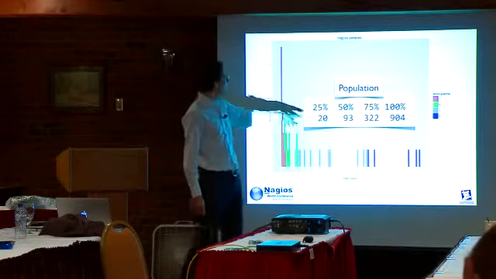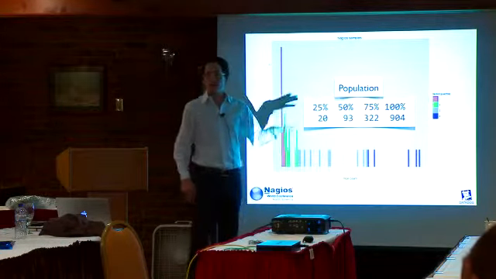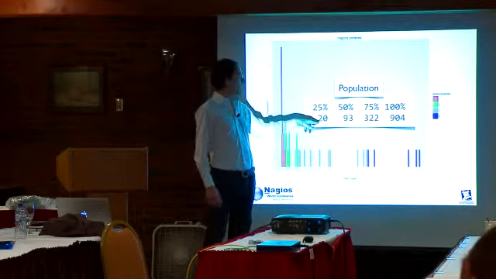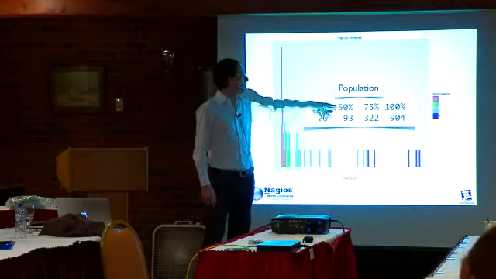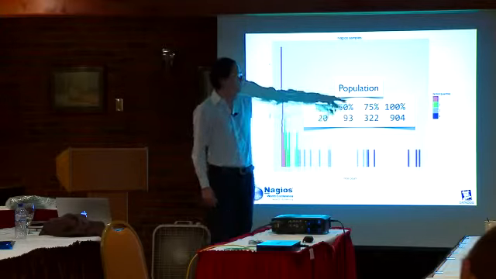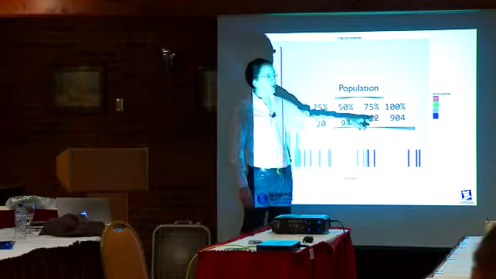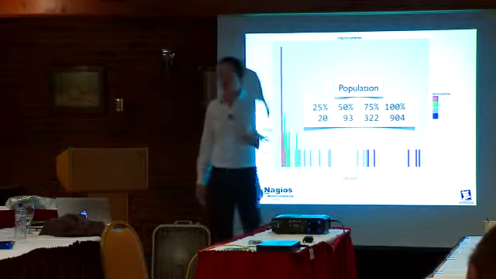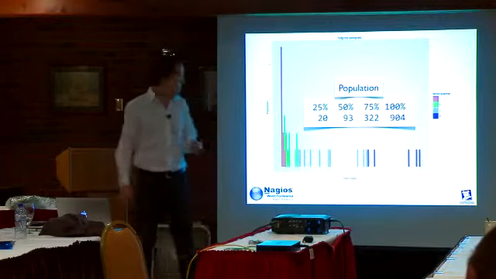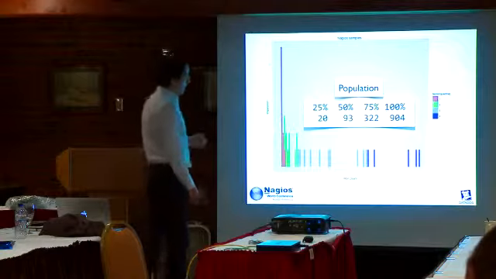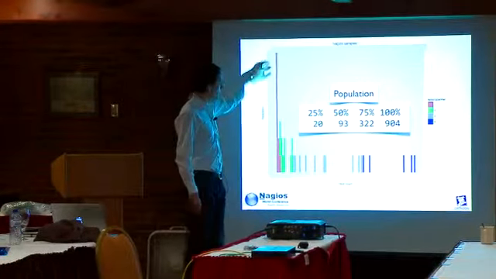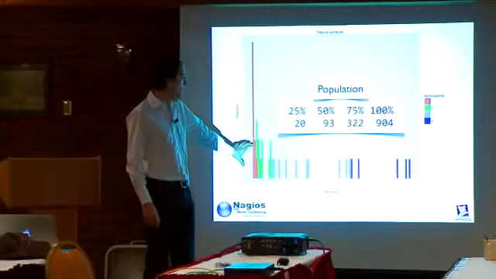So 25% of this population of accounts sending us Nagios data has 20 servers or less, the median is 93, 75% has 322 or less, and the top one has 904 servers in their Nagios. As you can see, the distribution is really skewed towards the small actors.